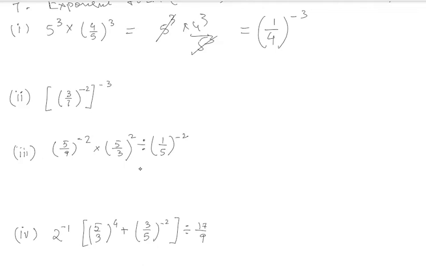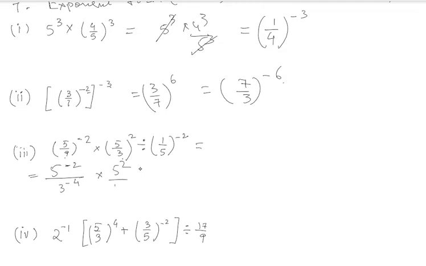So the negative exponent can be formed by doing the reciprocal, because the exponent is positive now. Next question is 3 by 7 to the power of minus 2 into minus 3, which is equal to 6. So for the negative exponent, I'll do the reciprocal of the base. 9, 3, not similar, so we'll separate it. 5 to the power of minus 2 by 3 square into minus 2, that is minus 4, into 5 square by 3 square, and here I can write this as multiplication 5 by 5 to the power of minus 2.